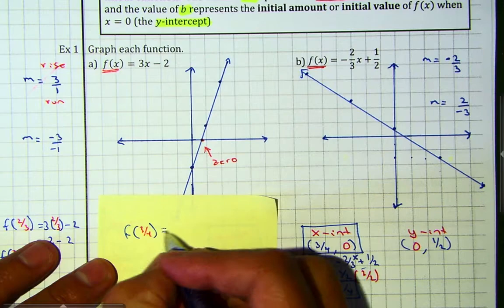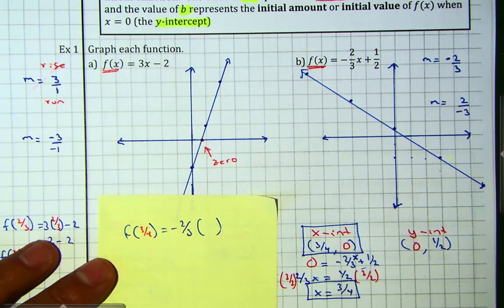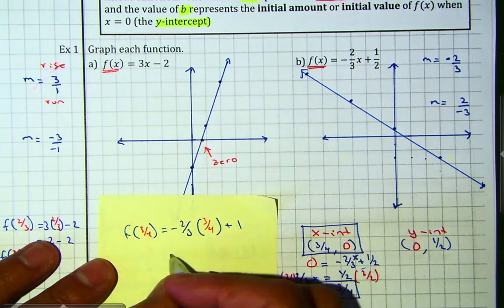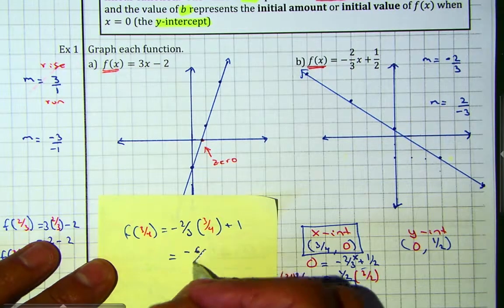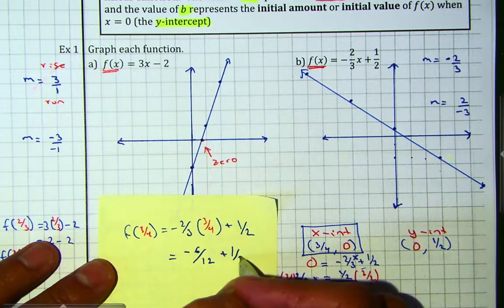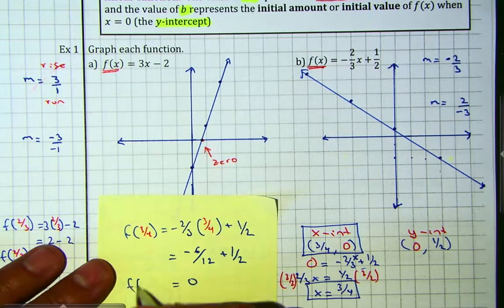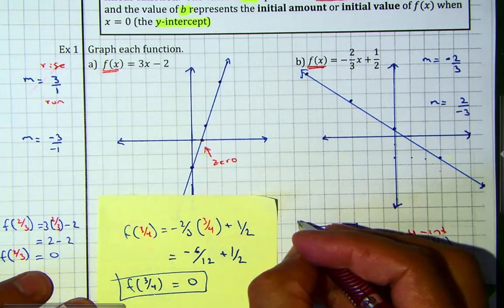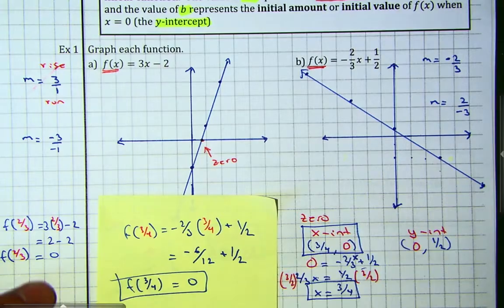That gives me -2/3 times 3/4 plus 1/2. So it gives me -6/12 plus 1/2. That is -1/2 plus 1/2, so I end up with 0. So that is correct. That is the zero of the function.